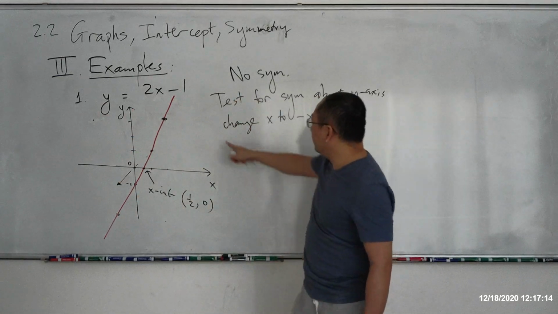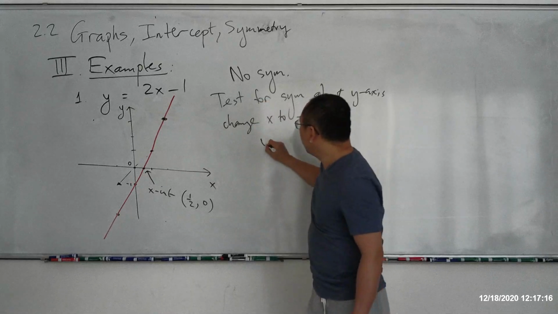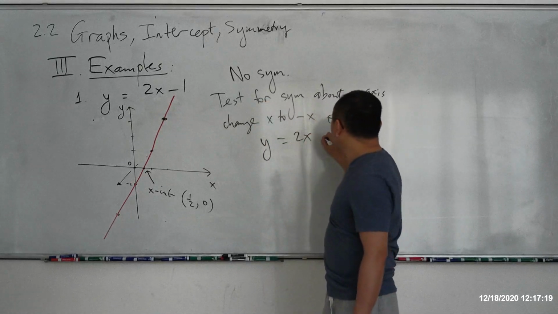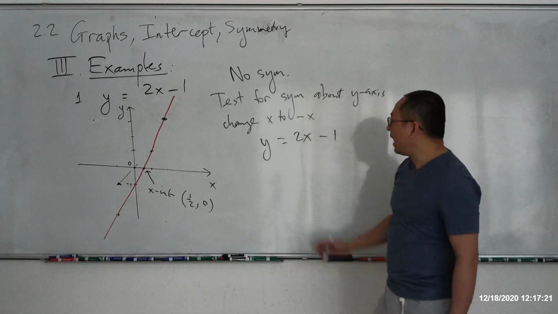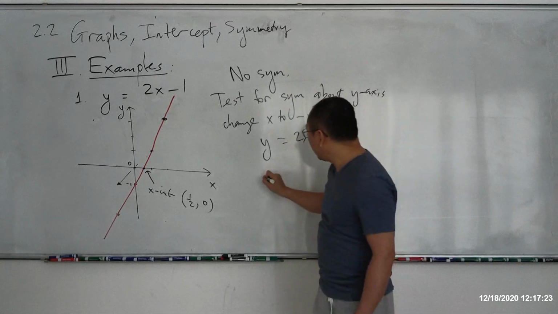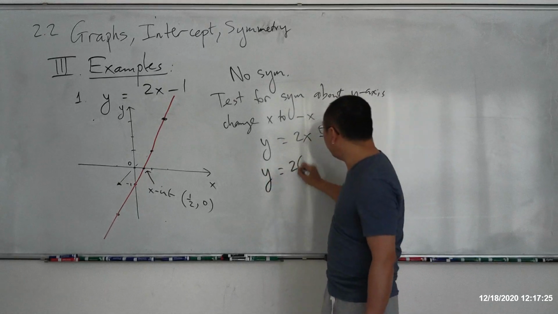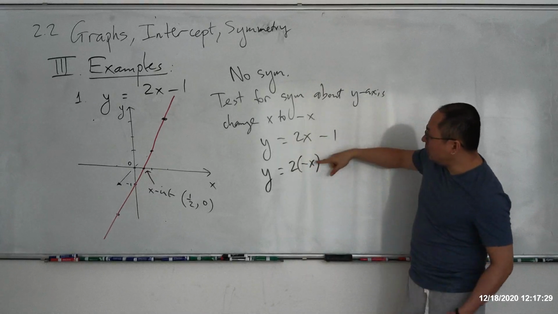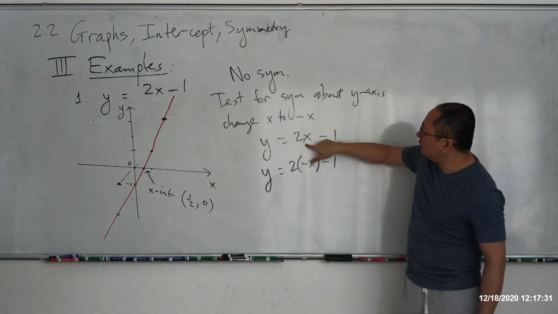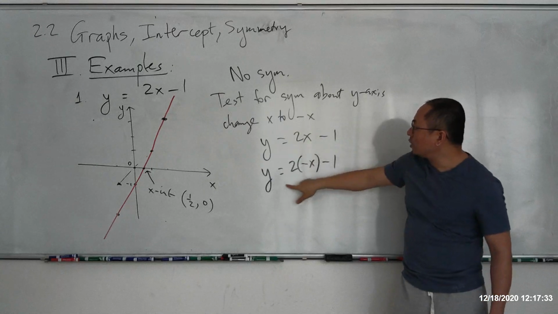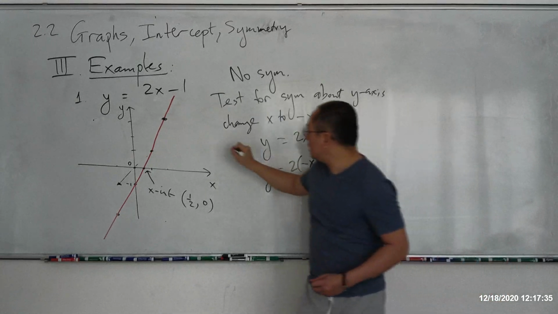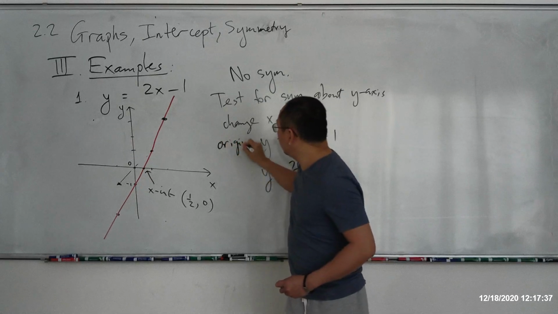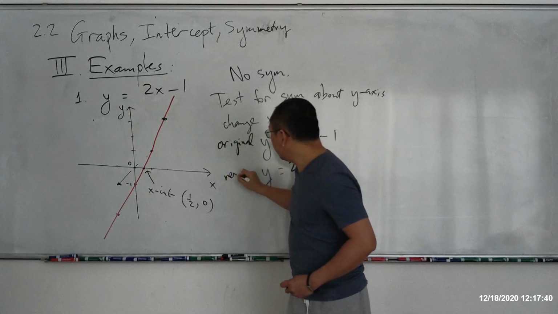So what do we do? I have the original equation, y equal to 2x minus 1. Now I'm changing x to negative x. I get y equal to 2 times negative x minus 1. What am I doing right here? Whenever I see a letter x in my original equation, I change it to negative x. This is my original equation, and this is my new equation.